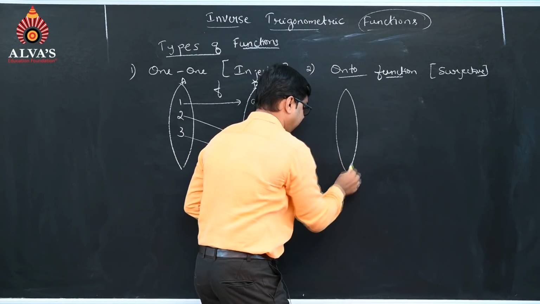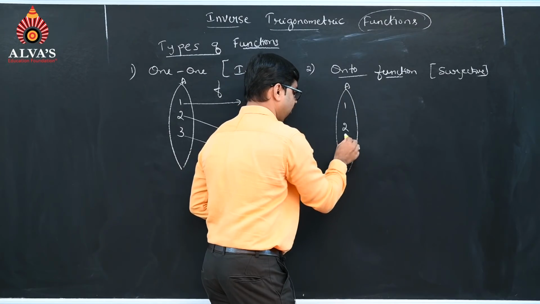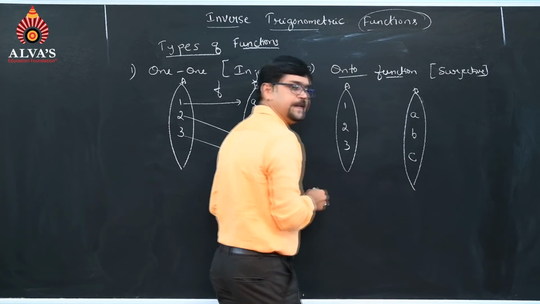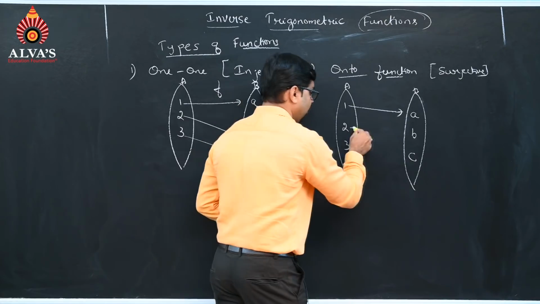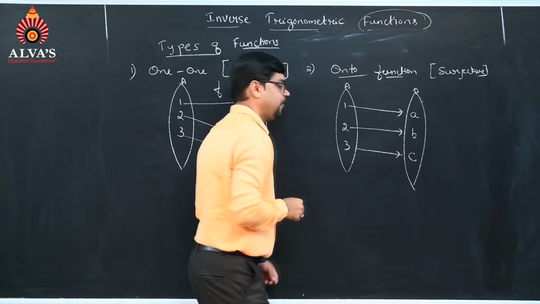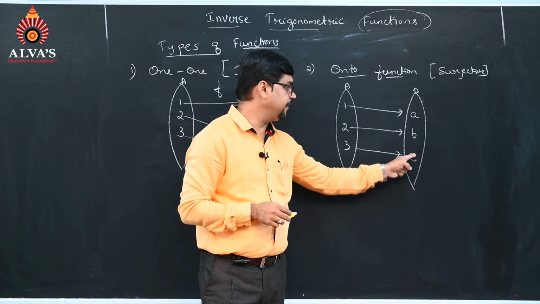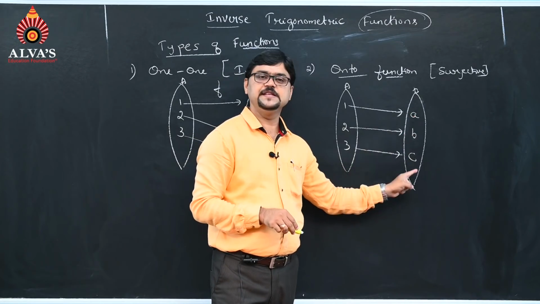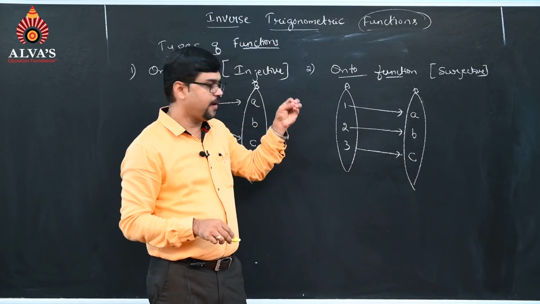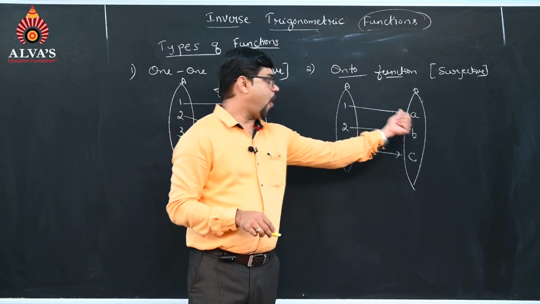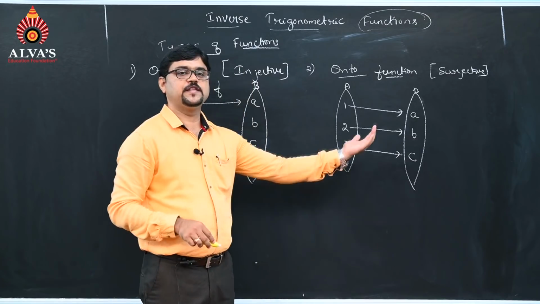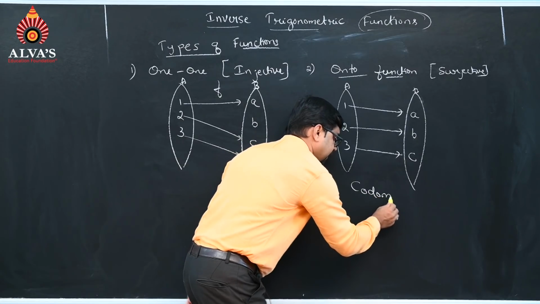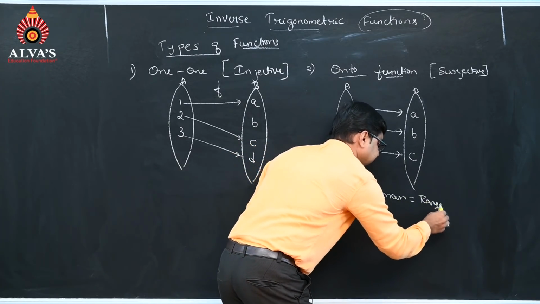For example, if A is 1, 2, 3 and B is a, b, c, with 1 mapping to a, 2 mapping to b, 3 mapping to c, clearly the codomain elements are a, b, c and the range is also a, b, c. It can be defined in other words also: all the elements of the codomain have pre-images in A. So simply we say the codomain is exactly equal to the range.